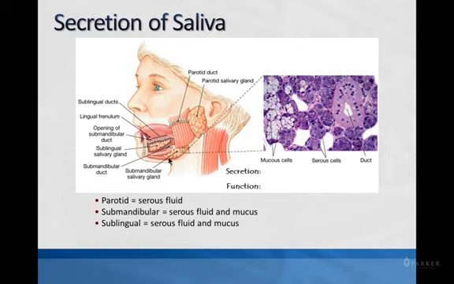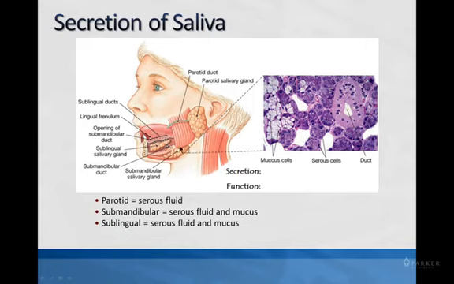We have different types of cells found in these glands. You have mucus cells, and you have serous cells. They release their secretions, emptying and leaving through these ducts. The mucus cells are pretty self-explanatory in what they're going to be making, but we're going to go over them again, and we're going to look at the secretions from the serous cells.